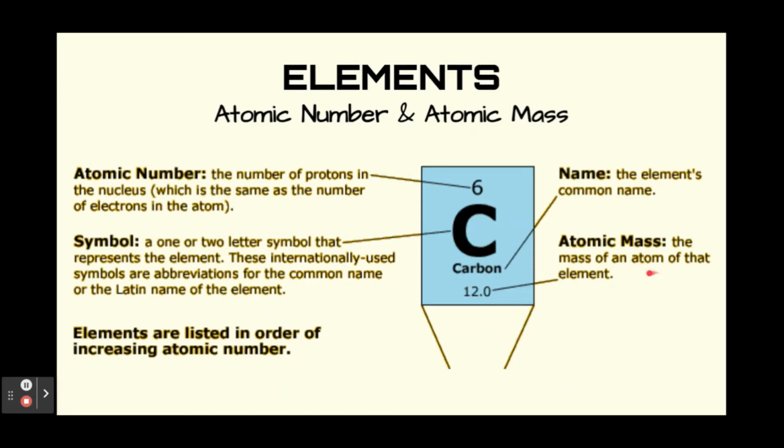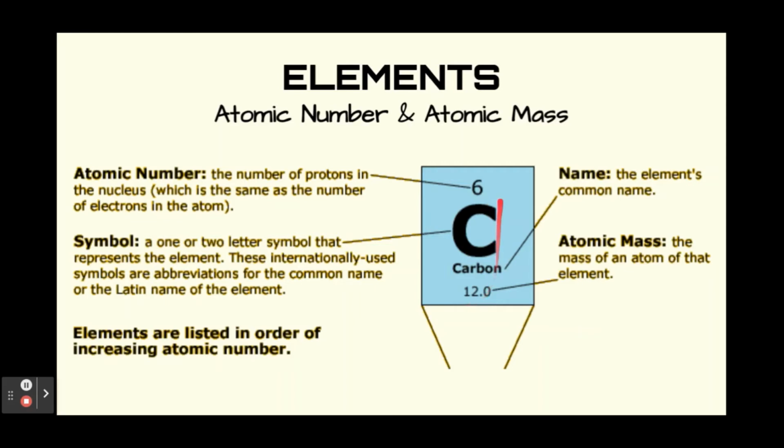So the atomic mass is the mass of an atom of that element. So how do we find the atomic mass, you may be wondering? Well, like I said before, it's basically the number of protons you have plus the number of neutrons you have. And in this case, if you know that there's 6 protons, then you can figure out the number of neutrons by doing the atomic mass minus the atomic number.